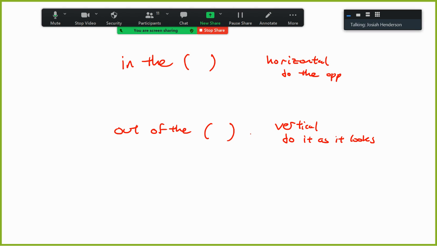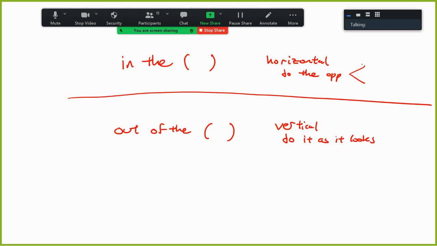And this applies to our translations, moving it left and right, up and down, and it applies to the stretches and compressions. So for doing the opposite, for horizontals, if it looks like x plus 3, this means we actually go left 3, go negative 3.